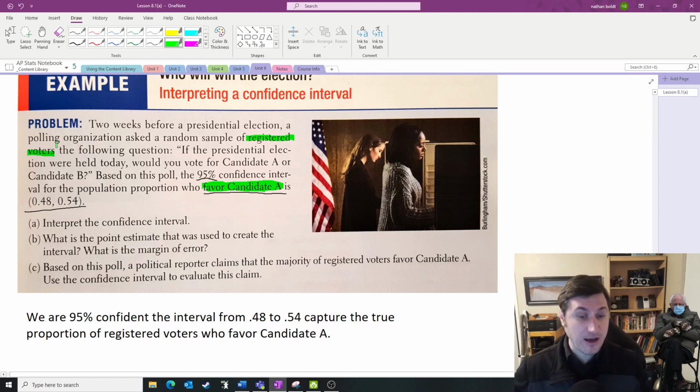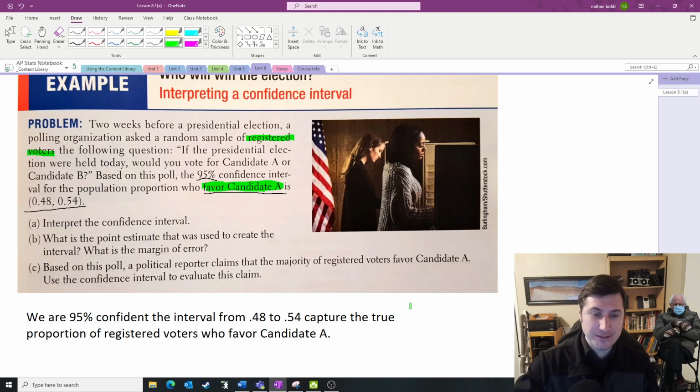We're not calling up 5-year-olds right now, okay? So that's the sentence I want you to be able to write. We are 95% sure that the true proportion, whatever it is, we don't know, is between 48% and 54%.